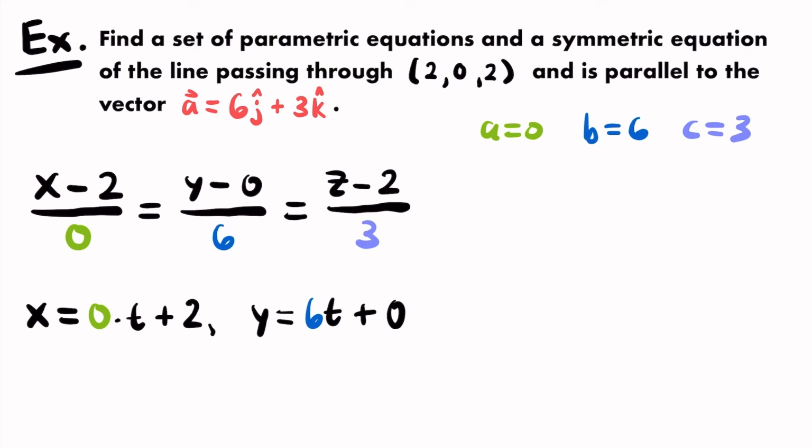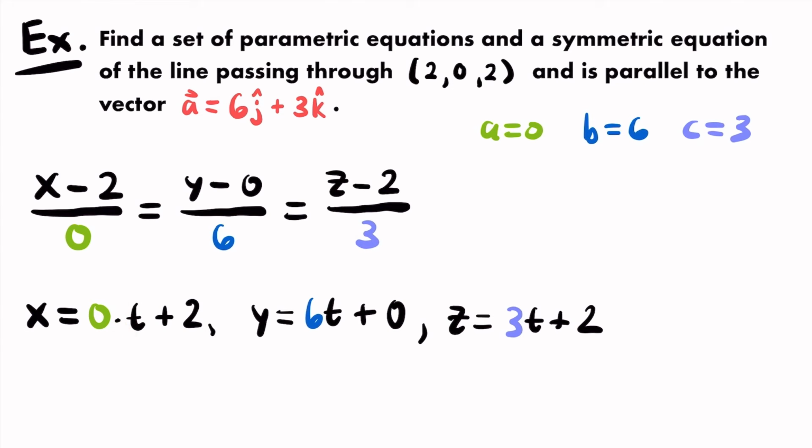Then z will be equal to c times t, so we'll have 3t plus z1, the z coordinate of our point, which is 2. Now if we simplify, 0 times t is 0, right?